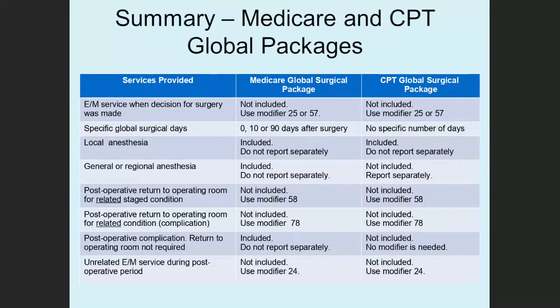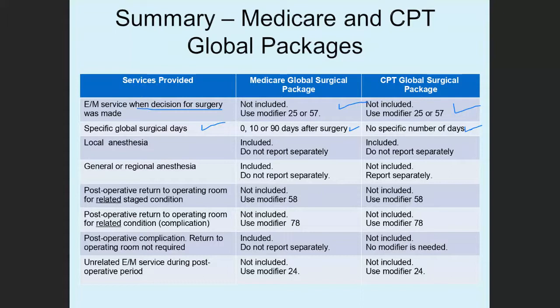Here's a summary of the differences between CPT and Medicare global packages. So E&M services during which the physician decides this patient needs surgery, these are not included in either global package. Specific global surgical days for post-operative routine services: Medicare has specific days. CPT does not.